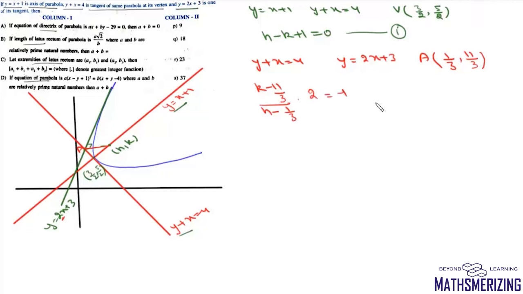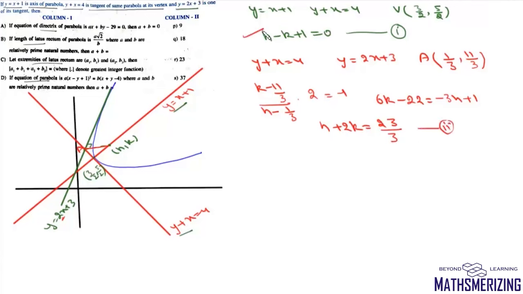We'll get 6k minus 22 equals minus 3h plus 1. So we get this equation as h plus 2k equals 23 by 3.